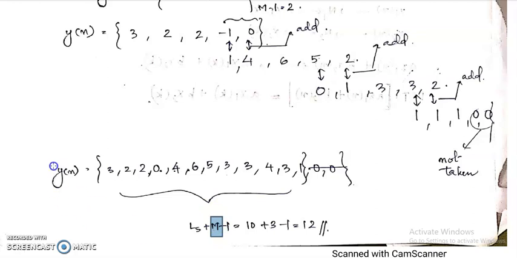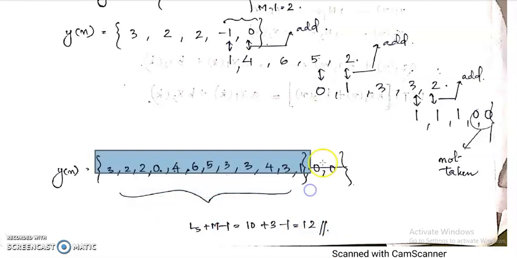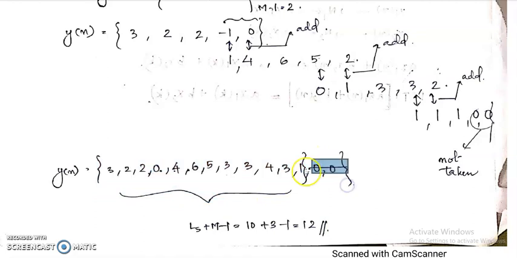So the output filter sequence length, capital N s or anything, is given by ls plus m minus 1. So ls is 10 and m is 3. So 10 plus 3 minus 1, that is 12. We need only 12 elements. Here the rest of 2 elements are 0. So we can neglect them. So this is the output sequence y of n. That's all.